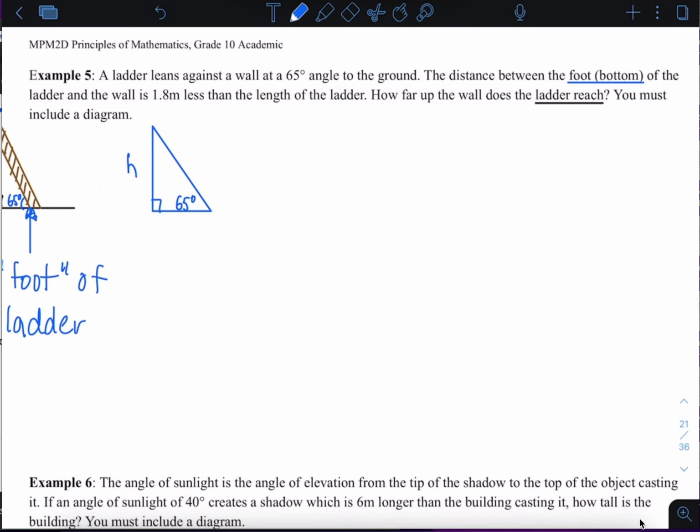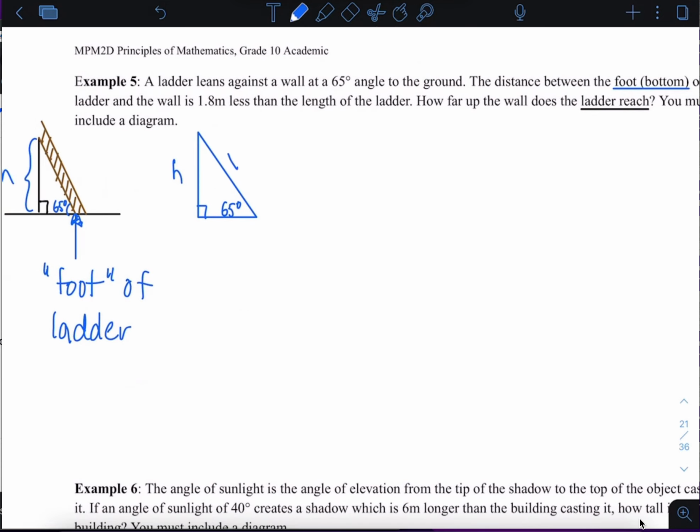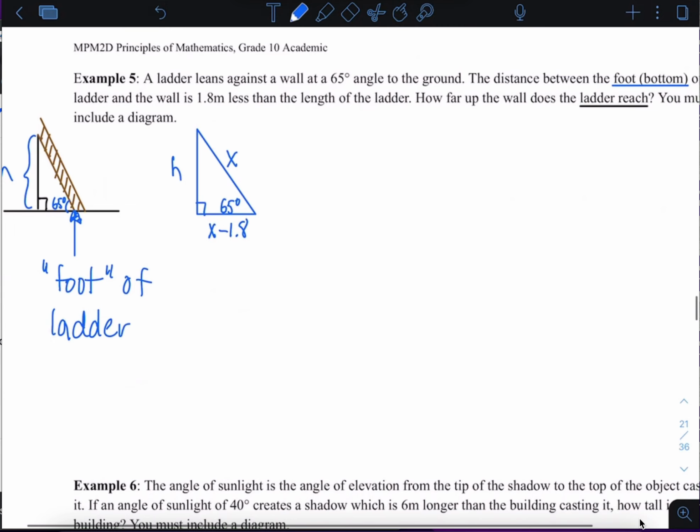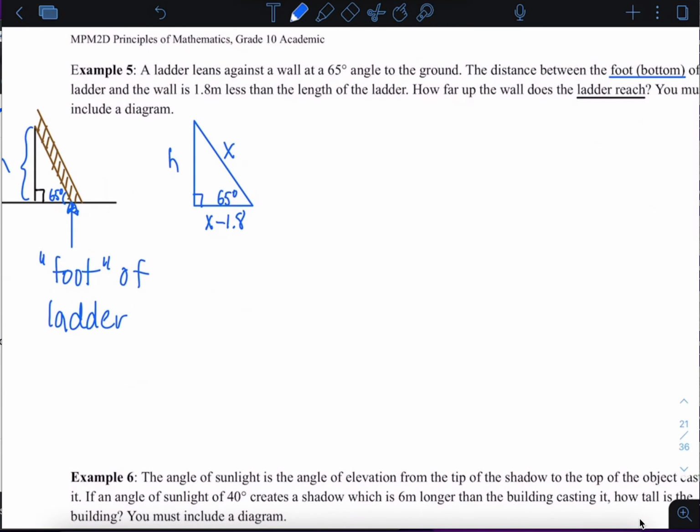It says the distance between the foot of the ladder and the wall is 1.8 meters less than the length of the ladder. So if I let x represent the length of the ladder, then this distance here is x subtract 1.8. And we could somehow integrate the Pythagorean theorem here, but we have two unknowns.